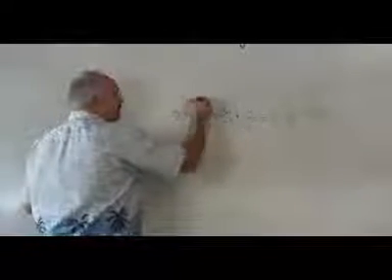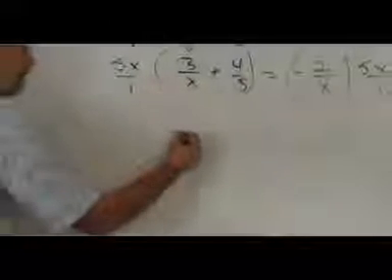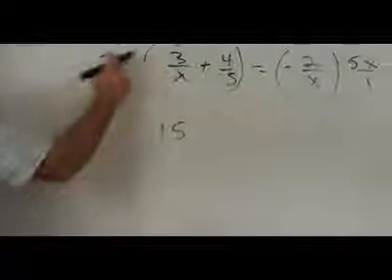Remember, when I'm doing a polynomial, this times that and that times that. When I do this, the x's cancel. And Jason, this is where you were having trouble last time, so you want to watch that. When I multiply this times that, I get 15. X's cancel, 5 times 3 is 15.